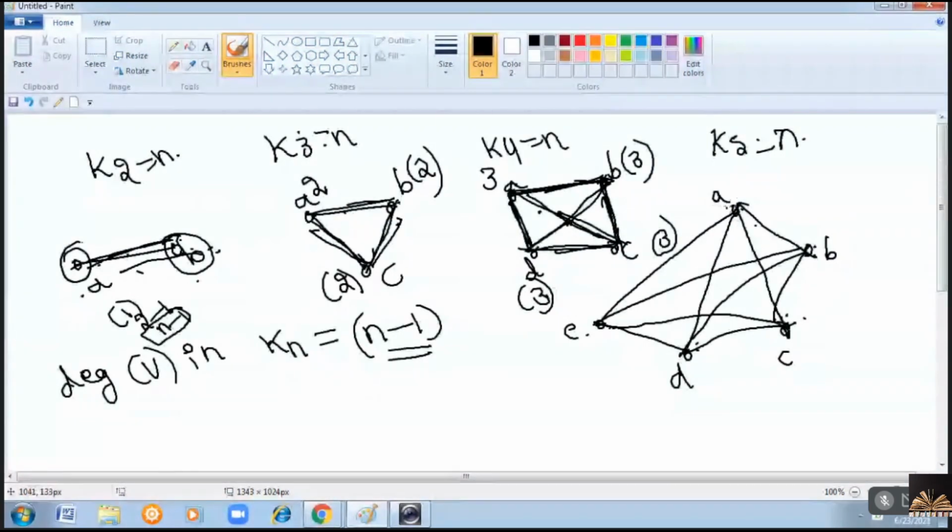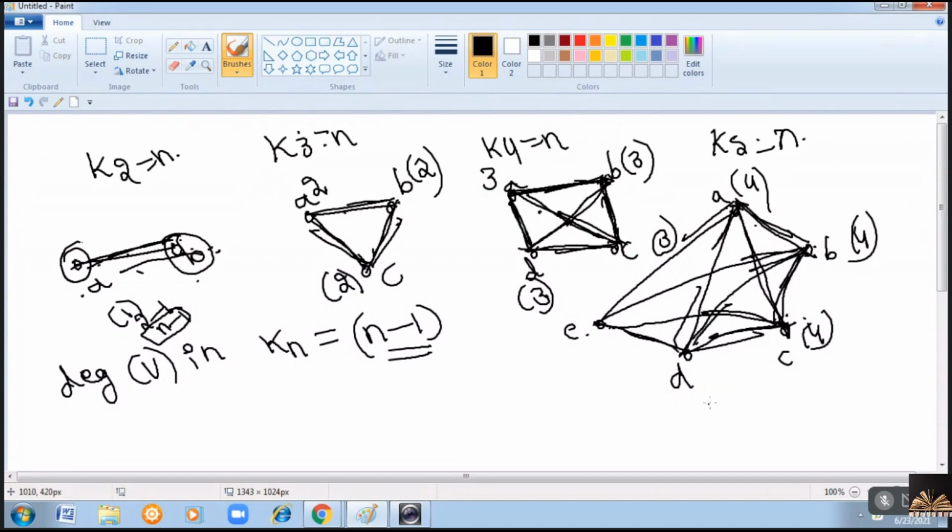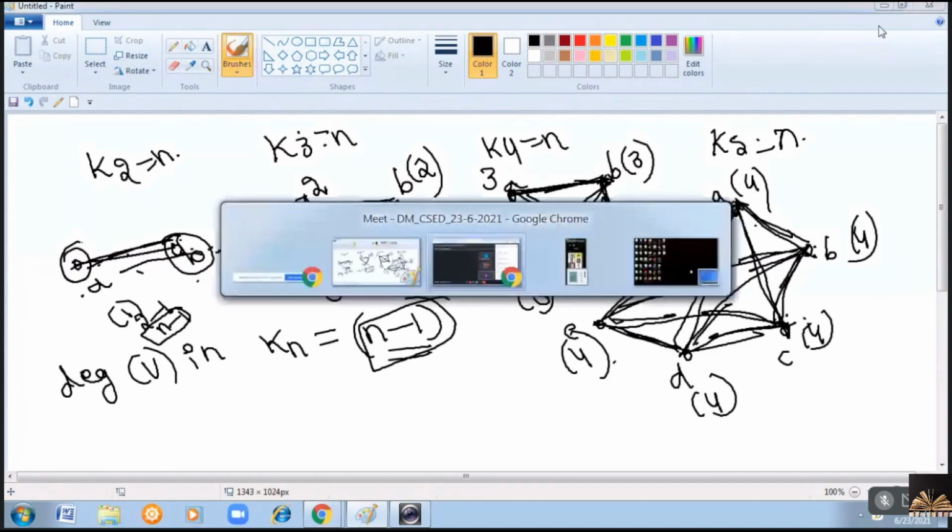Clear? Now here, the degree of A is 1, 2, 3, 4. B is 1, 2, 3, 4. C is again 1, 2, 3, 4. D is 1, 2, 3, 4. Same with E. So the degree of all the vertices will be equal and should be equal to n minus 1 in case of a complete graph. Clear? Complete graph.